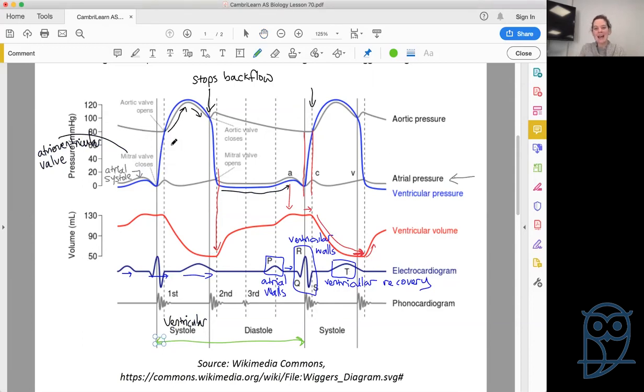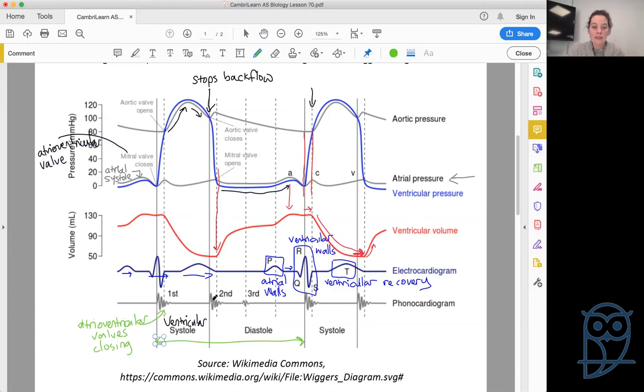So it's the sound that's made as that blood pushes back against that valve, fills up the valve, and therefore closes it, so that we don't have that connection between the atria and the ventricles anymore. So this here is your atrioventricular valves closing.